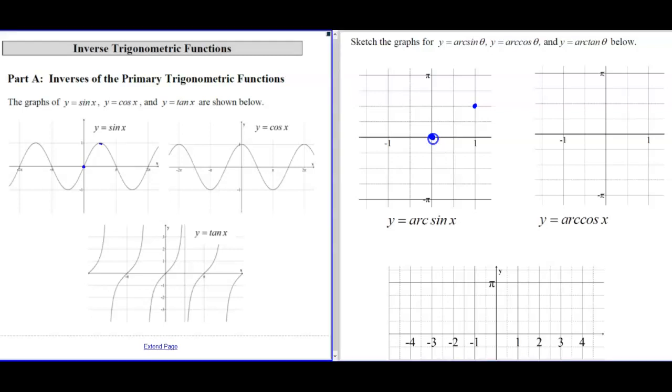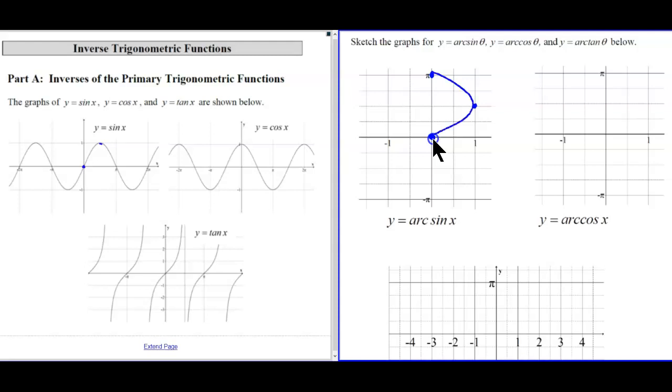This point here, pi, 0 becomes 0, pi. Okay, so you know that it's going like this. And then likely it's going to go back the other way, right? So here, this is 3 pi over 2, negative 1. So this will be negative 1, 3 pi over 2. So it's going to be up here.